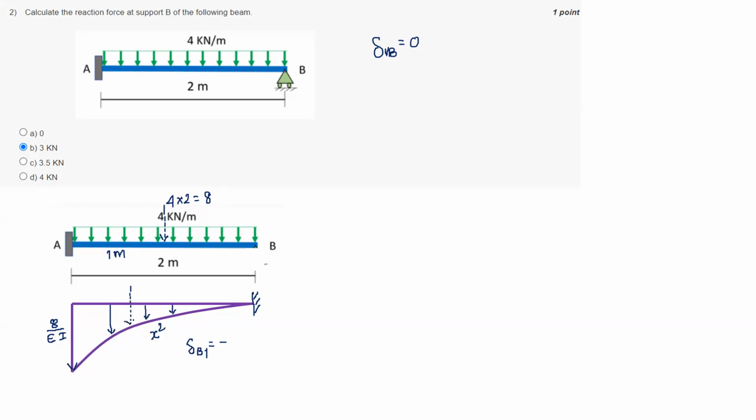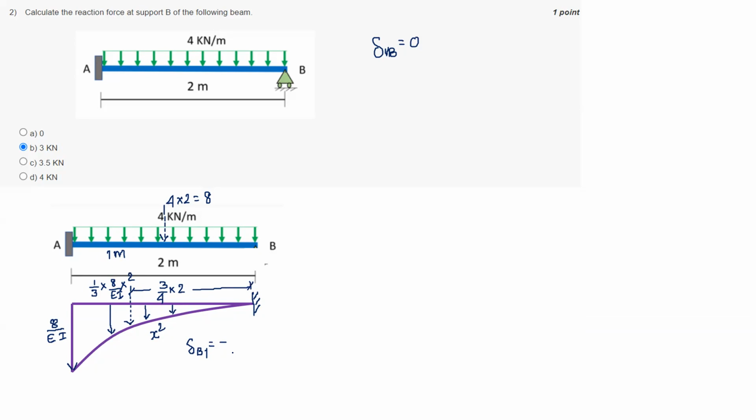What will be the total area? We have 1/3 into 8 upon EI into 2, and where will it act? It will act at 3/4 of 2 from 0.